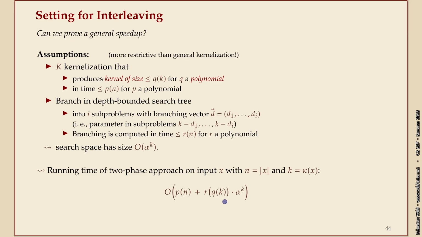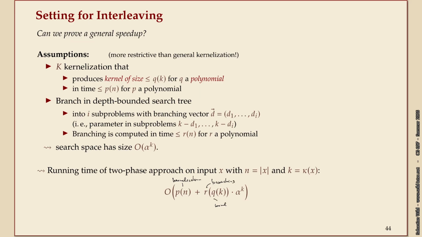Then we, for each recursive call, in the worst case, have to compute this r of n. So we have r of q of k, because q of k is now the problem size. And so that's for the kernelization. That's the size of the kernel. And this is for the branching. And then we have this for each recursive call in the worst case.